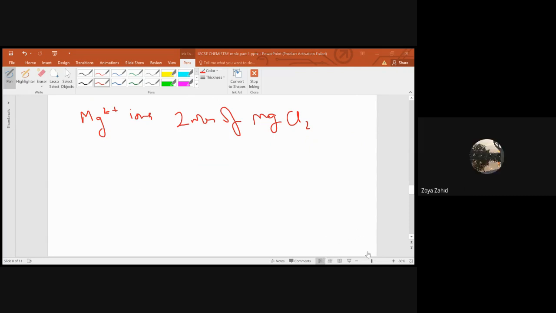So Mg's mass is 24 multiplied by 2. Mass multiplied by the number of moles. What formula are you using? Number of moles equals mass over molar mass.